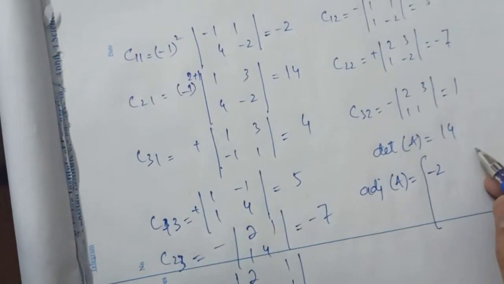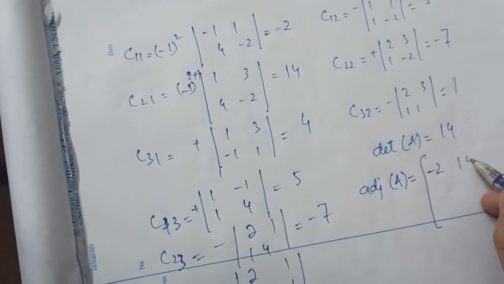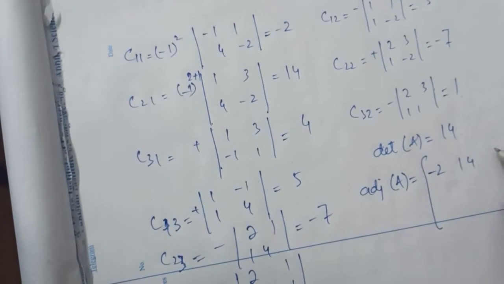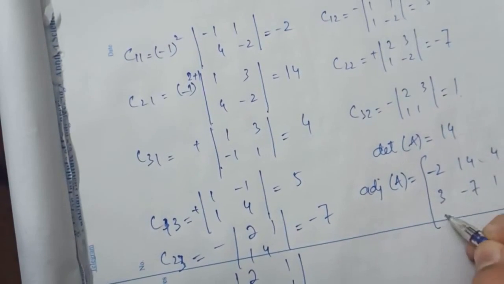And the second one is 14, and you get here 4 3 minus 7 1 5 minus 7 minus 3.